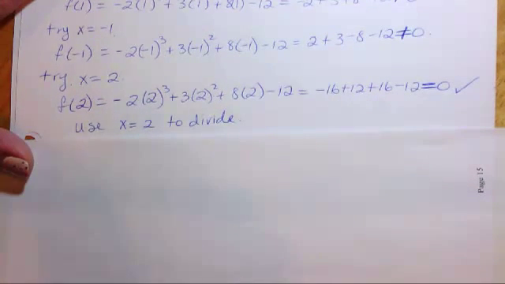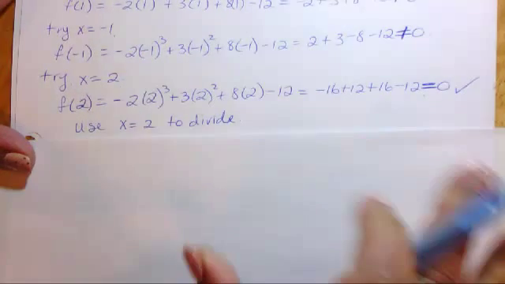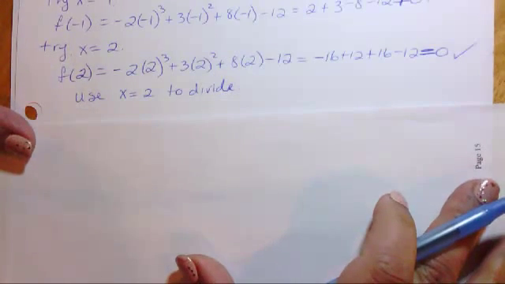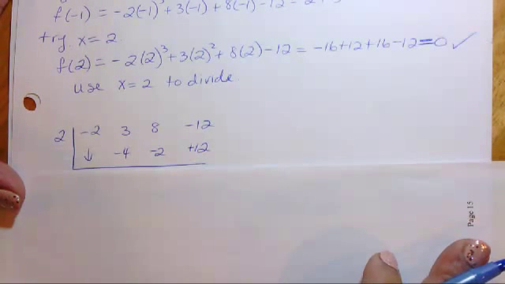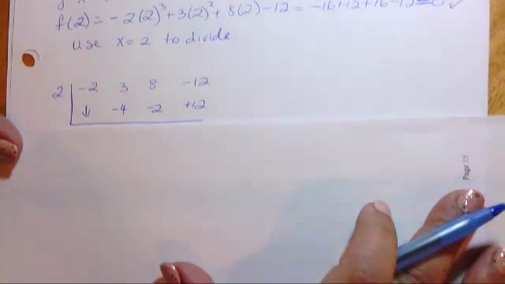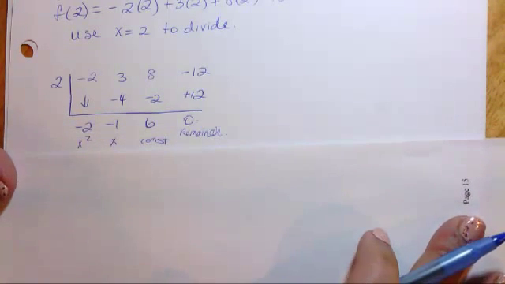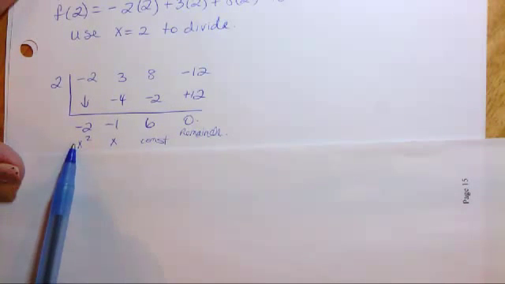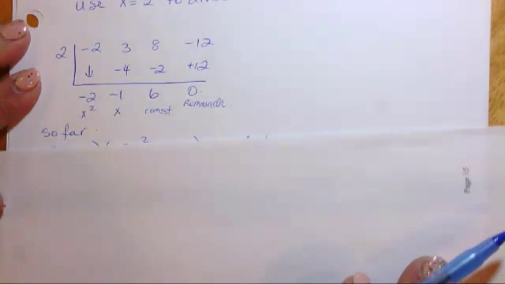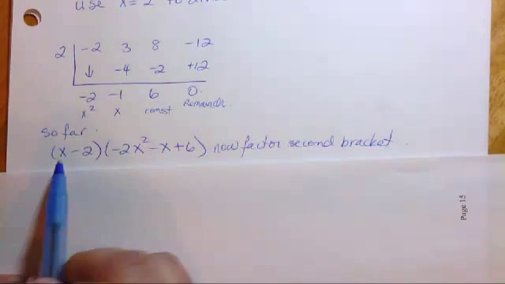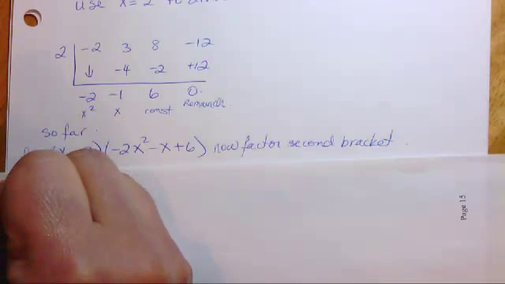So we're going to look further and we're going to use x equals 2 to divide. And we're going to use synthetic division. So this is what my synthetic division setup looks like. Okay, and when I go through and do the division, I note that my remainder is equal to 0. So this gives me my x squared term, my x term, and my constant. I can write what I've got so far as my factoring. So far this is what I have for f of x.